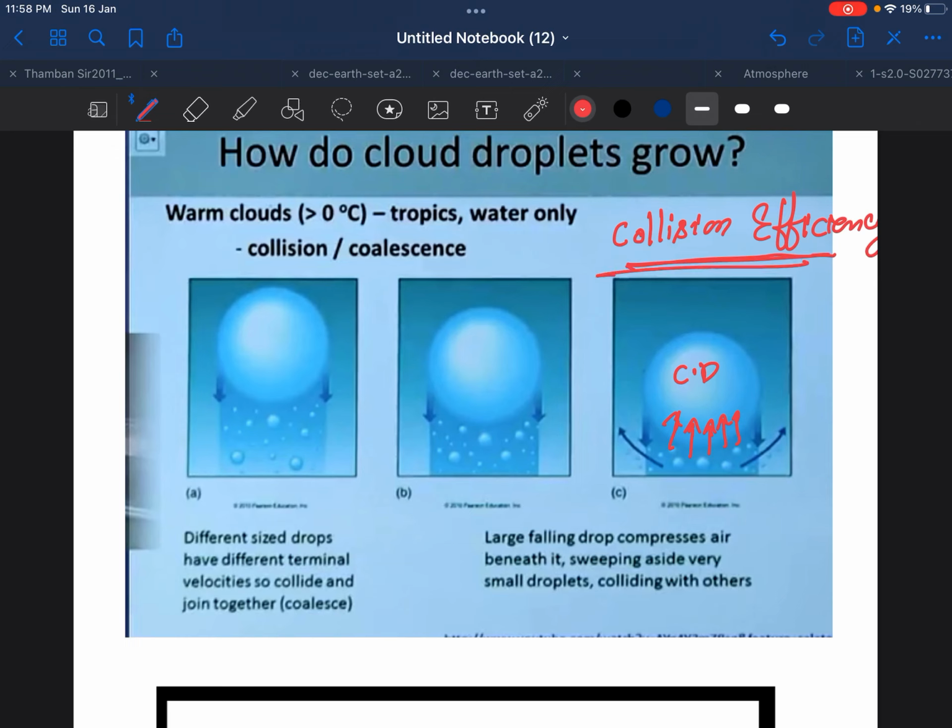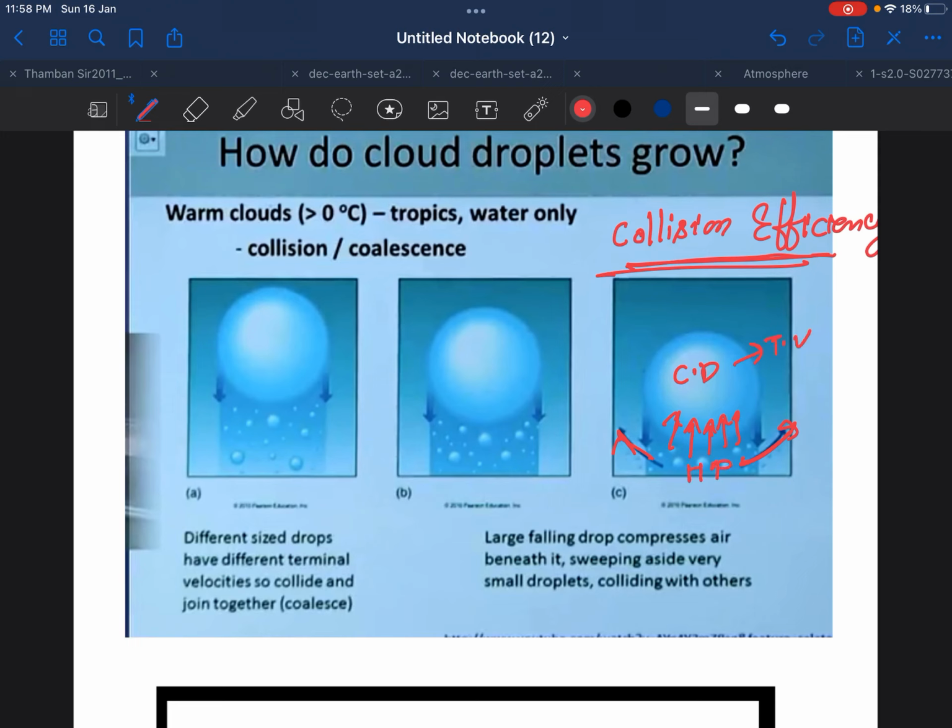Okay, so relatively large collector drops generally have a difficult time in colliding with the small droplets, because they are moving this way because of this high pressure low pressure system. Okay, so these large collector drops move faster than the smaller droplets since they have high terminal velocity.